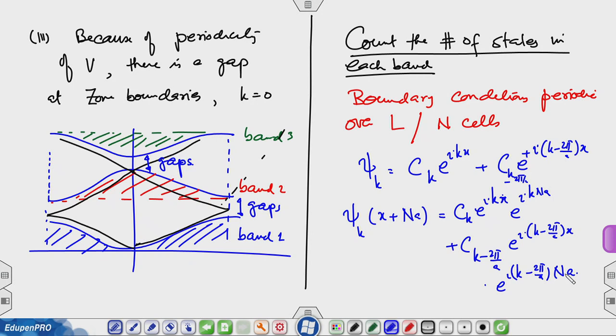This is going to be the new wave function, and I want this to be exactly equal to psi k.